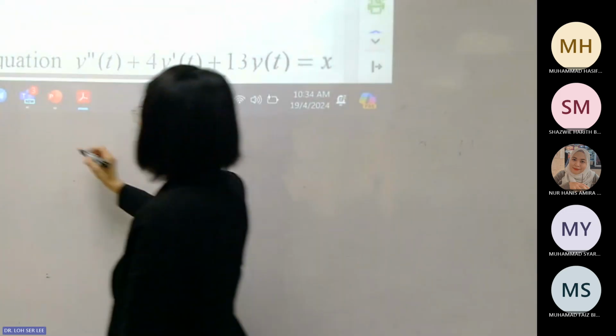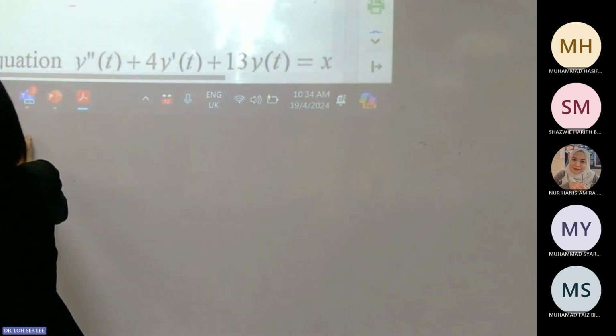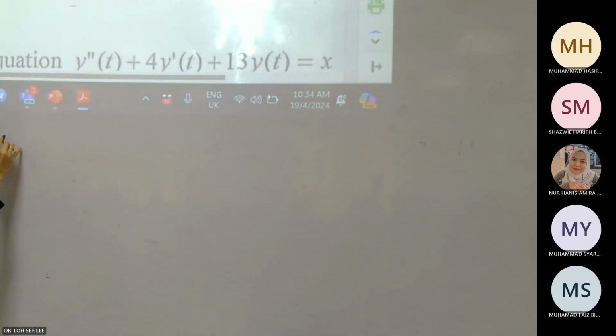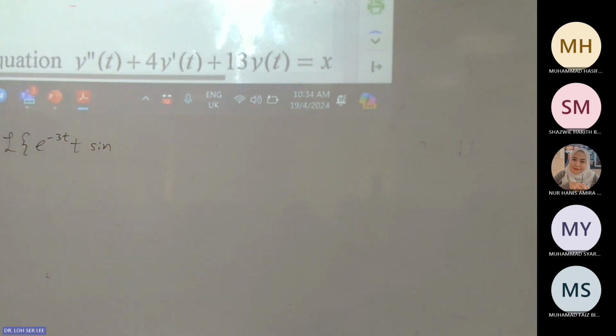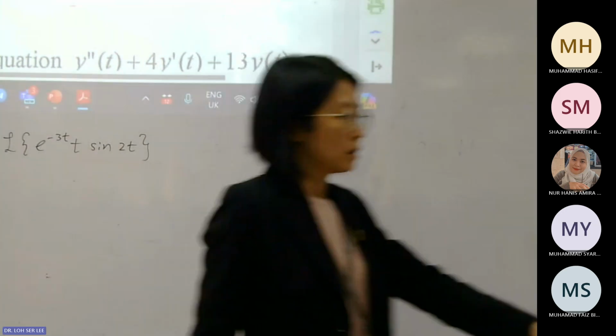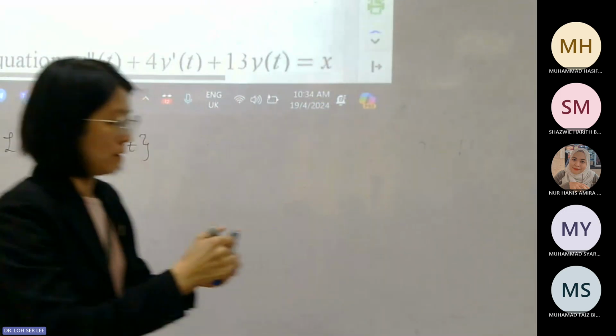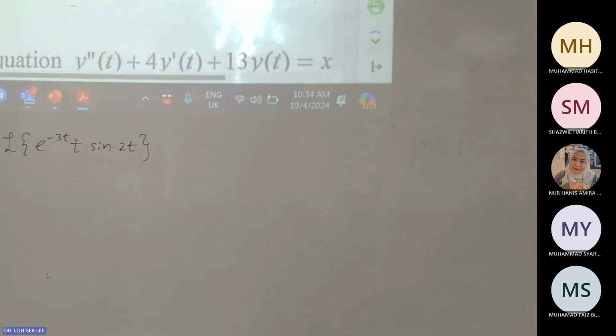Laplace of e to the negative 3t, t sine 2t. There are two ways: either you start with the first translation or you start with the derivative property.